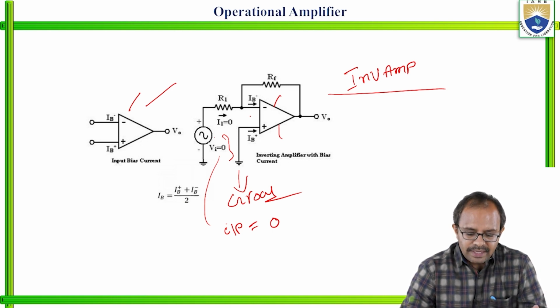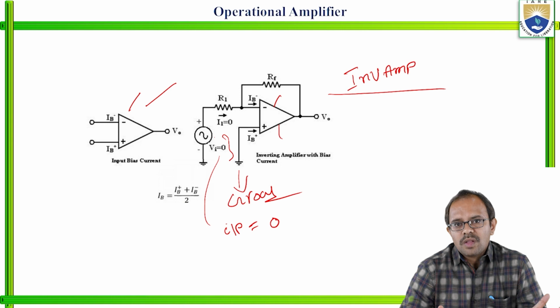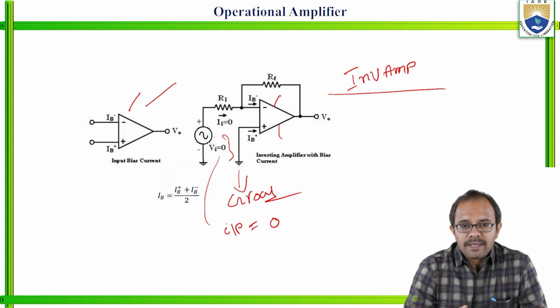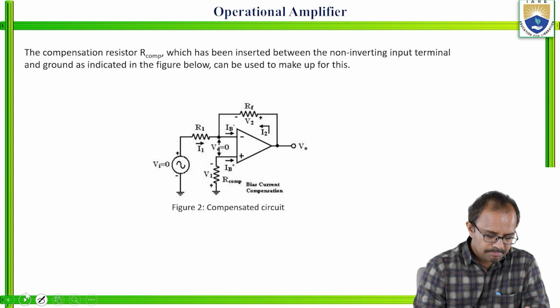Since here the excitation is connected to the inverting terminal, we call it an inverting amplifier, whereas the non-inverting terminal is directly connected to the ground. There is no active source available to it. However, because of this excitation, both IB plus and IB minus do exist, right?